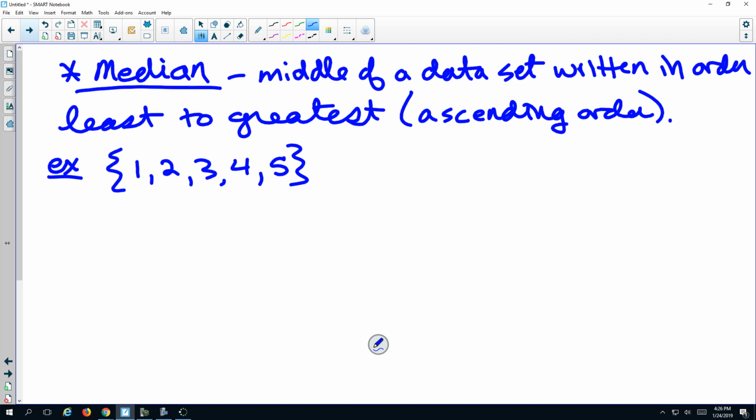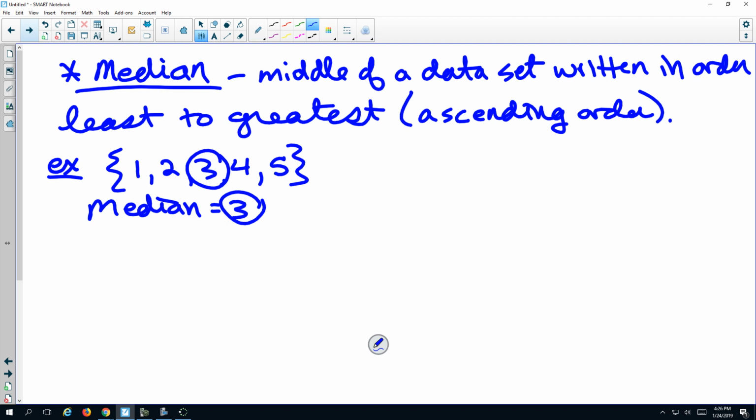Does it have a middle value? Yeah, what is it? 3. So we find the middle one. So the median is 3. Got the same thing we did when we found the average, the mean. So that's interesting when that happens. When they're exactly the same or close, then that's interesting to us.